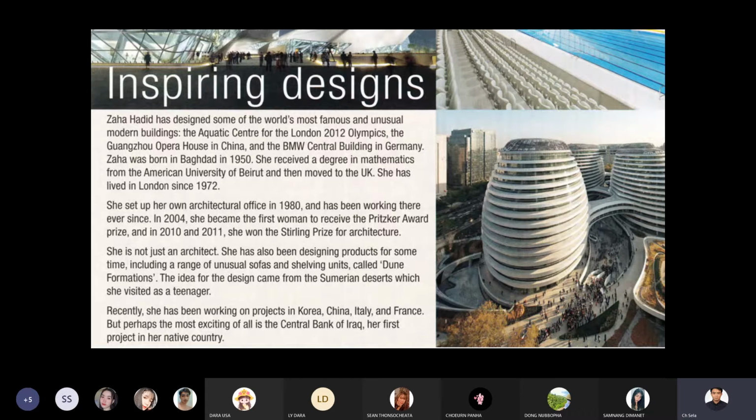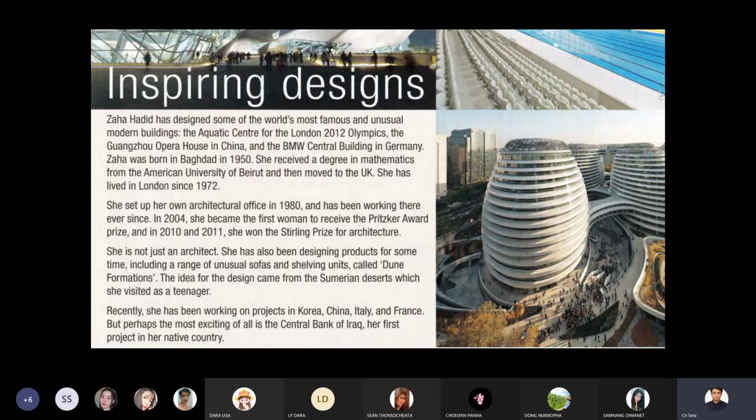Inspiring designs. Zaha Hadid has designed some of the world's most famous and unusual modern buildings: the Aquatic Center for the London 2012 Olympics, the Guangzhou Opera House in China, the BMW Central Building in Germany.